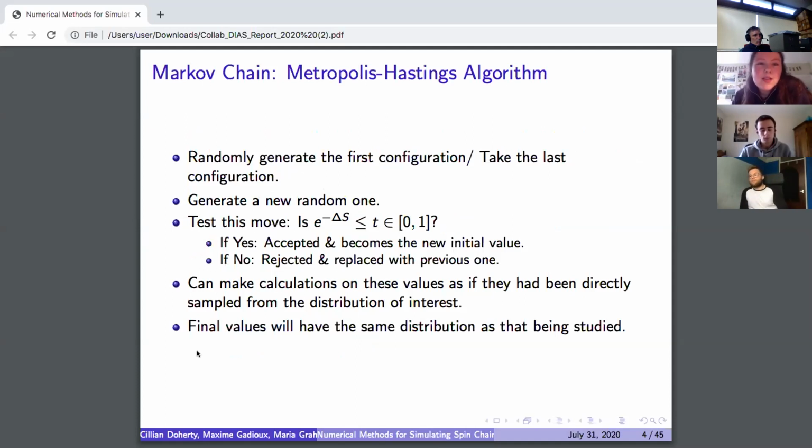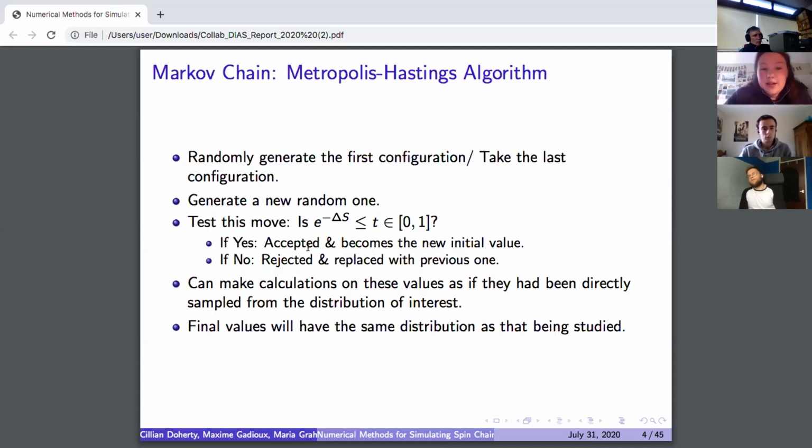So the Markov chain, there are a number of different ways you can produce this. We use the Metropolis-Hastings algorithm, and it is carried out as follows. So you begin by randomly generating the first value, or if it's not the first loop, you use the last configuration that was generated, and then you generate a new random value. And then you use the Metropolis test to test if this move is accepted or not.